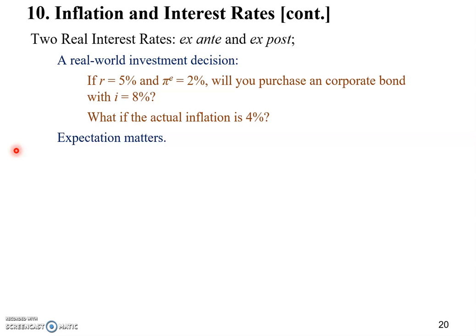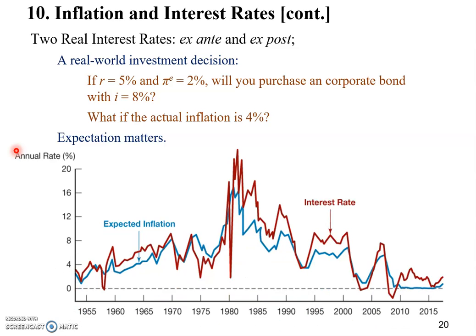So let's check out the expected inflation and the nominal interest rate. Okay, and once again, this is U.S. data from 1954 all the way to the recent years. Once again, let's focus upon the long-term relationship instead of the short-run fluctuations.